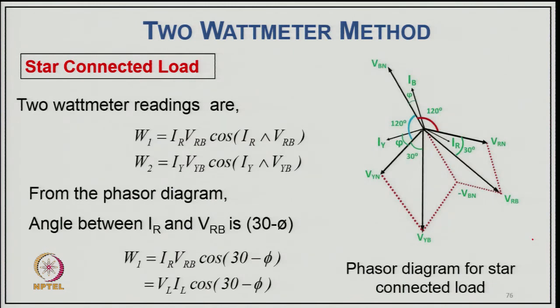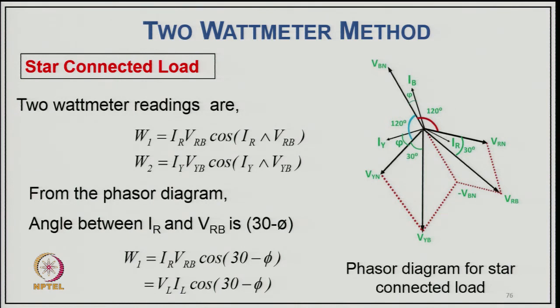Now for this star connected load, we discussed the 2 wattmeter readings. From the phasor diagram, W1 will be the current IR into the voltage VRB, into cos of the angle between IR and VRB.